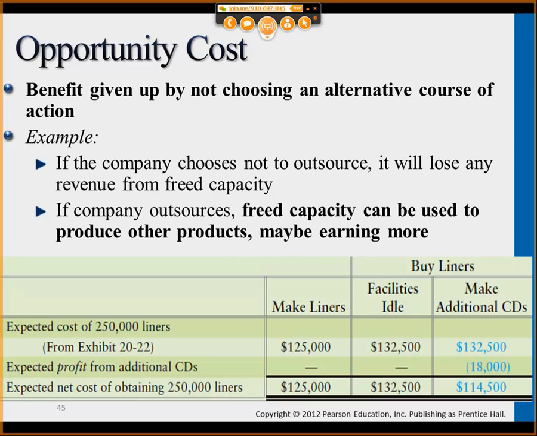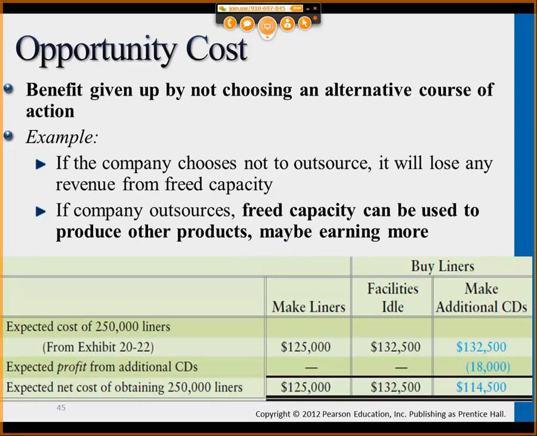But if the company decides to outsource, the freed capacity can be used to produce other products, and it may even increase the earnings. So let's look at this example. We have two alternatives, make liners and buy liners. If we're making liners, our expected cost of 250,000 liners is 125,000.